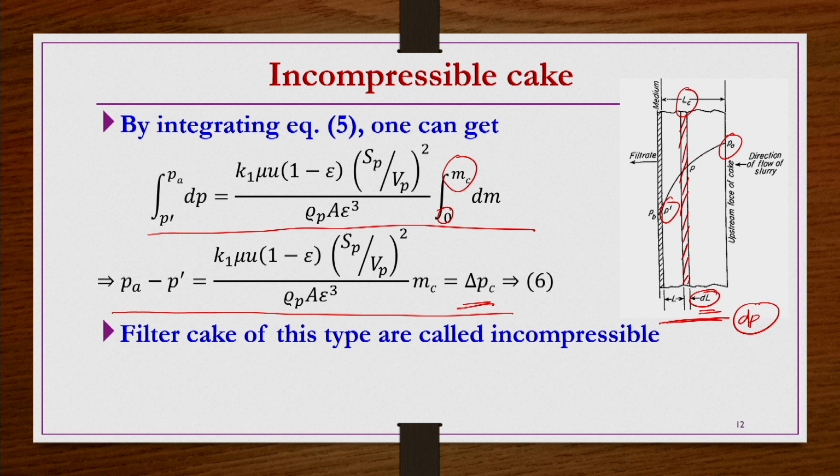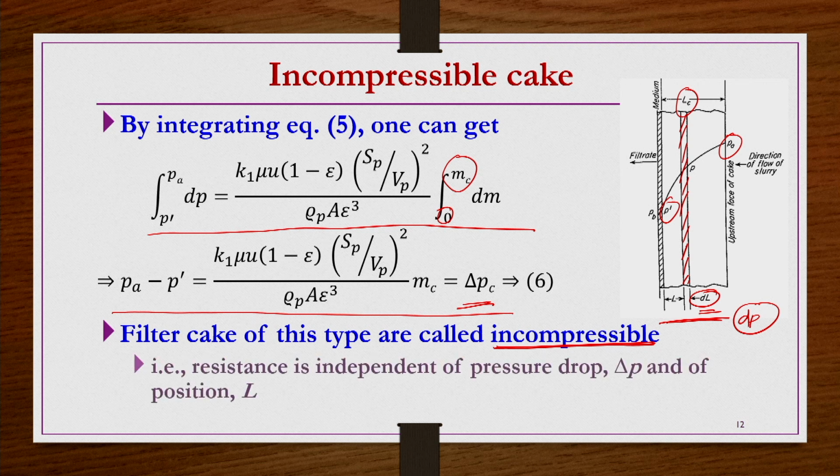Now, filter cakes of this type are called incompressible cakes, where we have taken that the cake resistance, the resistance of the cake that has formed, is independent of the pressure drop and of the position L. Such cakes are called incompressible cakes.